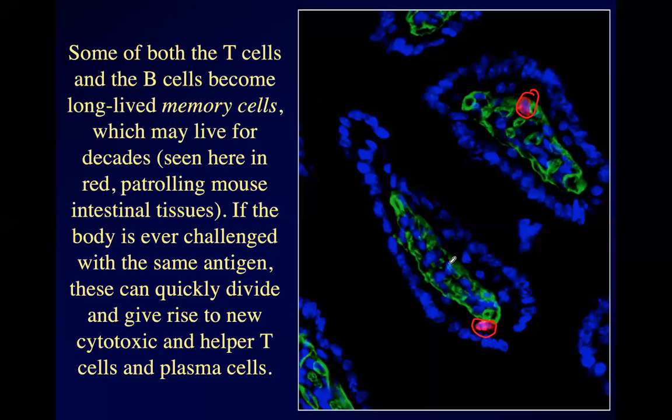Both T and B cells can become these memory cells. And it's those that enable your immune system to remember everything that it's ever faced before. It would be kind of like, I'm sure every military does this, but the US military keeps a lot of information on every weapon it has ever had to fight against before.